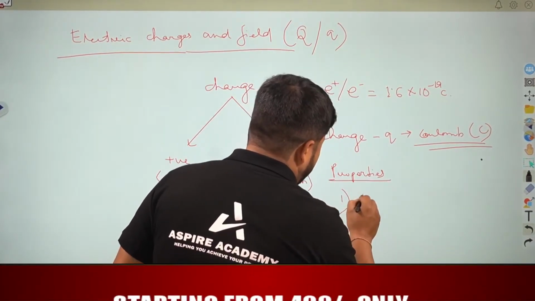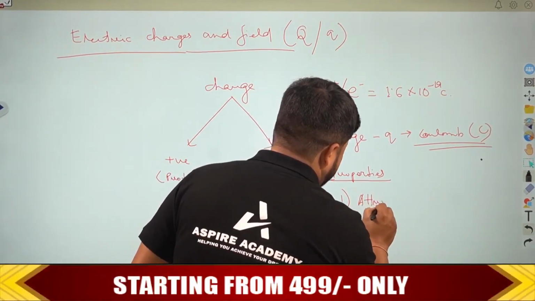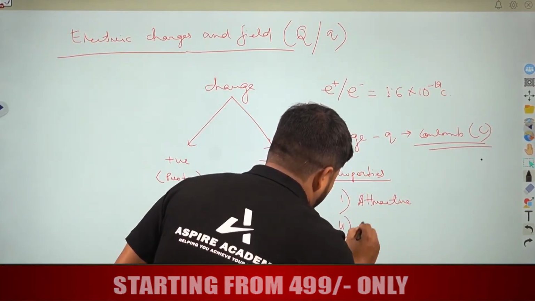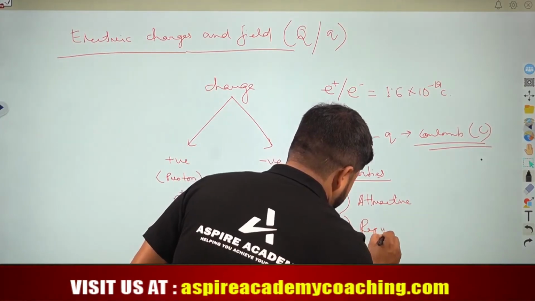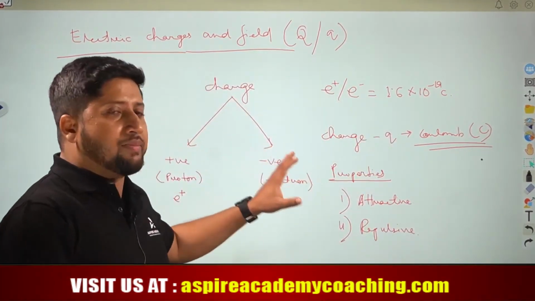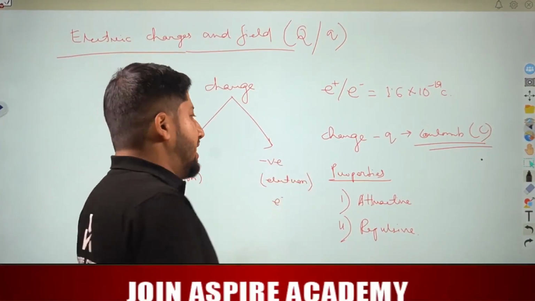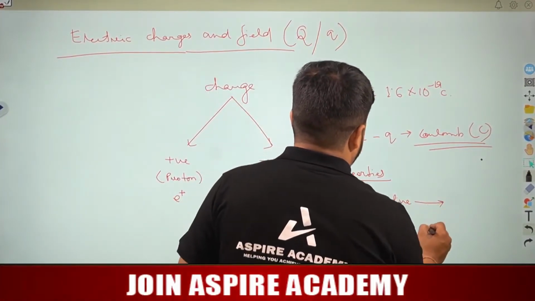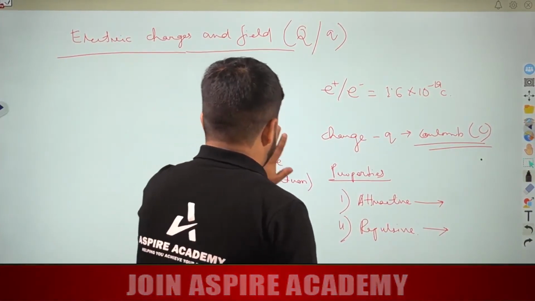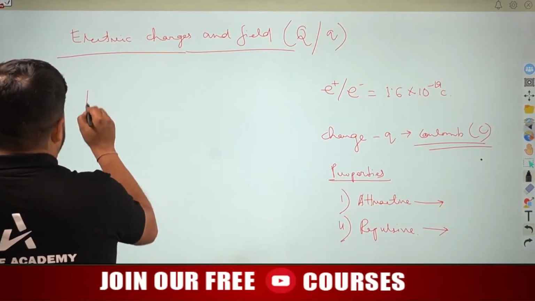Number one is the attractive property and number two is the repulsive property. What is the attractive property?